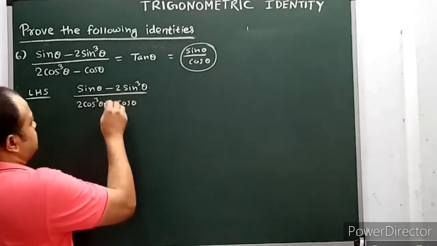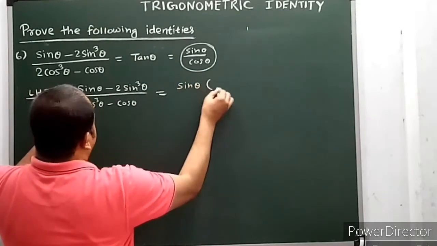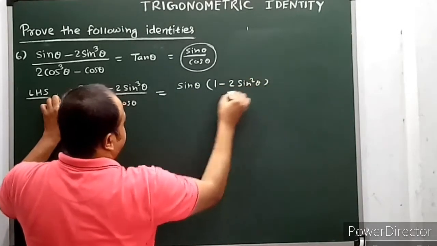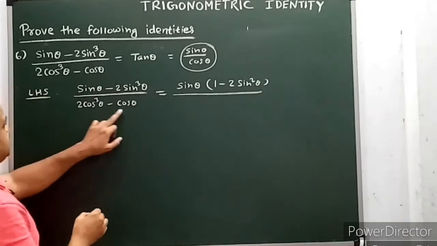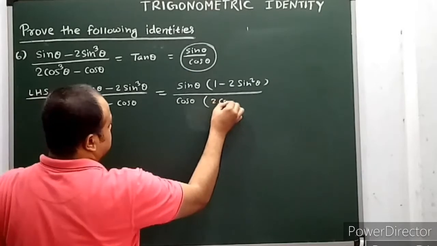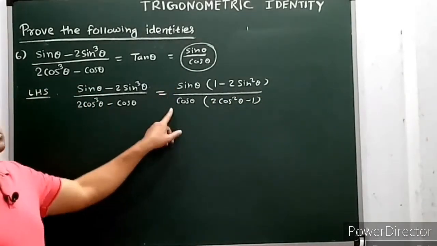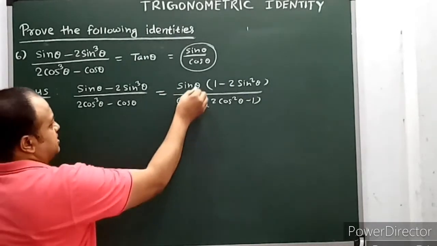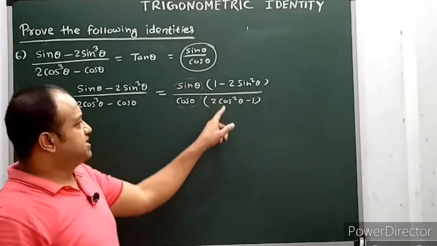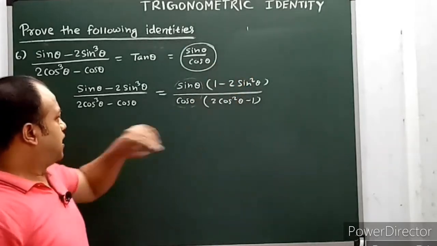So first of all, we will take common. What is common in the numerator? Common is sin theta. So we get 1 minus 2 sin square theta, and here what is common? Cos theta. If you take cos theta, we get 2 cos square theta minus 1. See here, we got sin theta by cos theta, means in place of this we can write tan theta, but this is an extra part, so we have to remove this part. How can it be done?